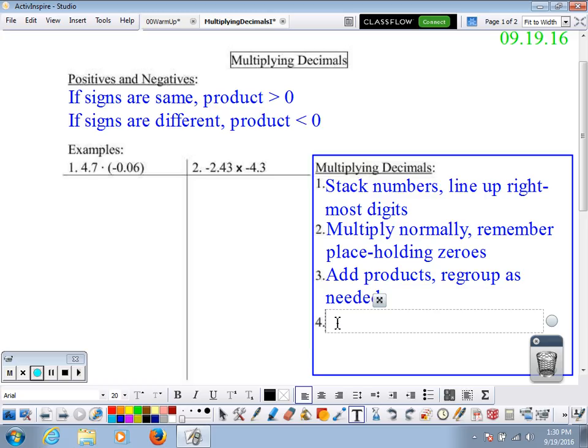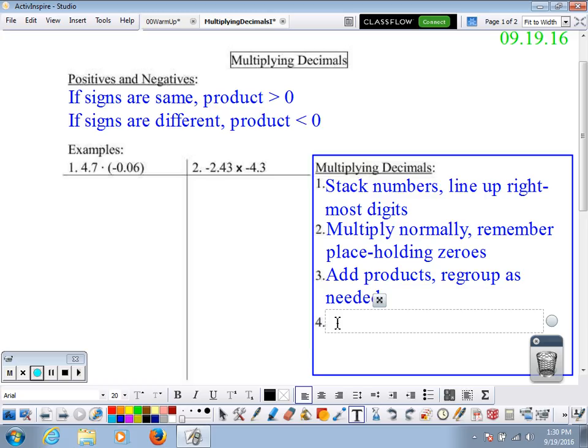Then lastly, this isn't a big concern when you're talking about integers, but when you're multiplying decimal factors, a lot of times you're going to have a decimal product. The question becomes where to put that decimal. Does anyone remember from last year how you know where to put that decimal? Oh, good, a few of you. Kathy? Perfect.